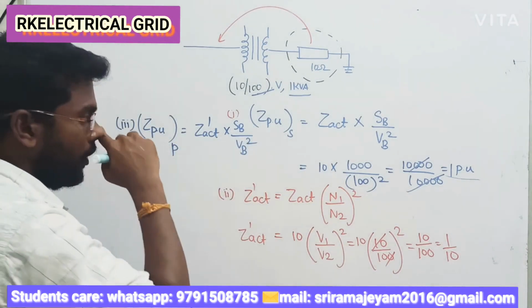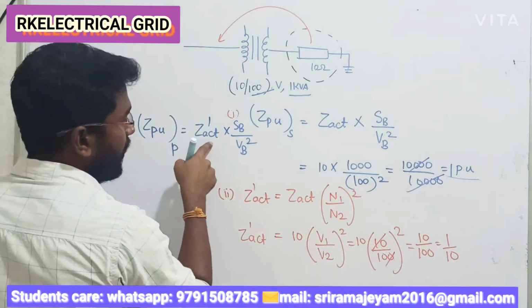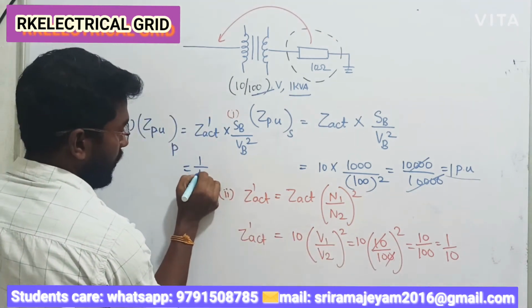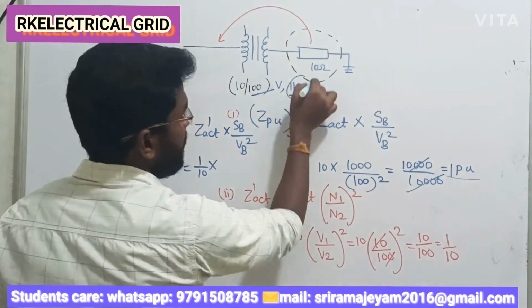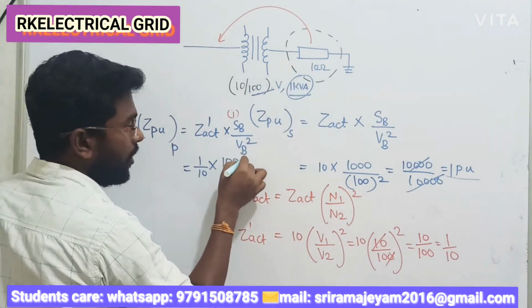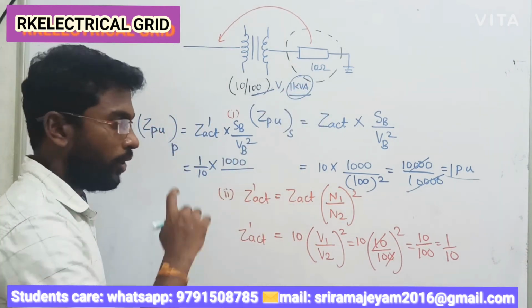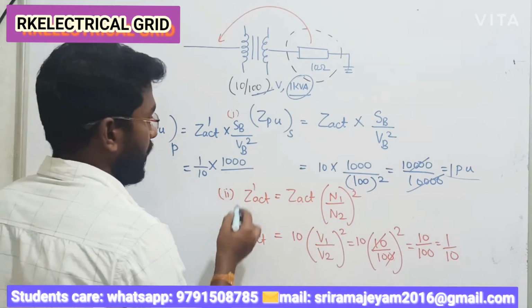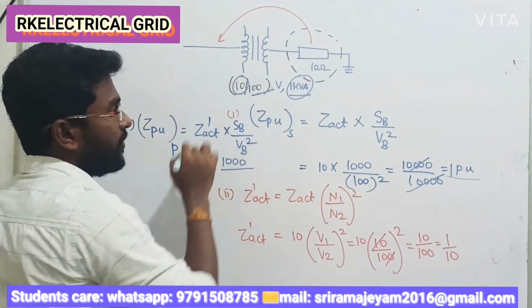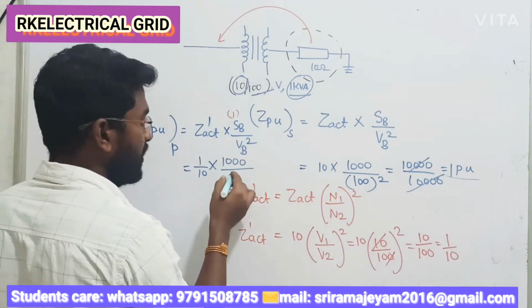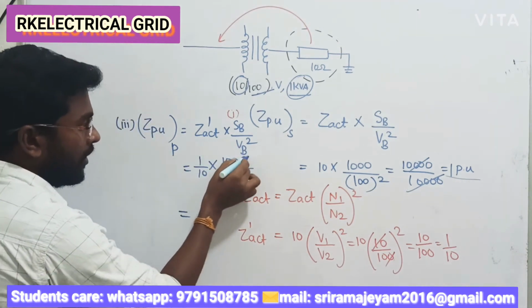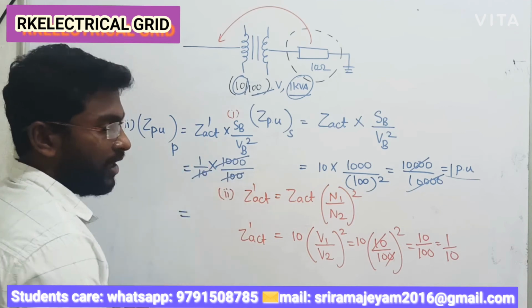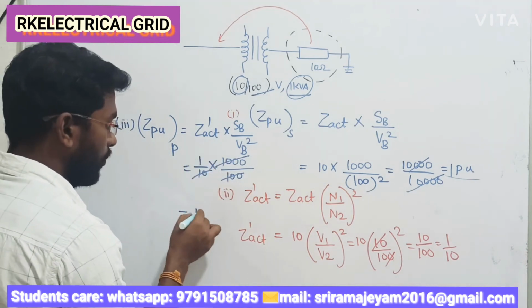Is that a mistake? No sir. Now in the next step, Z actual is 1 by 10 into S base. S base is how much? S base is 1 kVA, which will remain constant on both sides. I only told you, right? 1 kVA means 1000, divided by V base square. Now your base value is 10 at the primary side. 10 square will become 100. Now see there, 1000 by 10 into 100 becomes 1000 only. 1000 by 1000 will become 1 per unit.